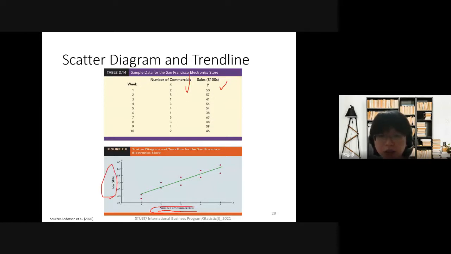One is on the vertical axis, the other is on the horizontal axis, and they are expressed in such a figure. And you will find there seems to be a positive relationship between the number of commercials and the sales, because they seem to change in the same direction. That is, with the increase in the number of commercials, the sales also seem to increase. So we will say they may have a positive relationship.